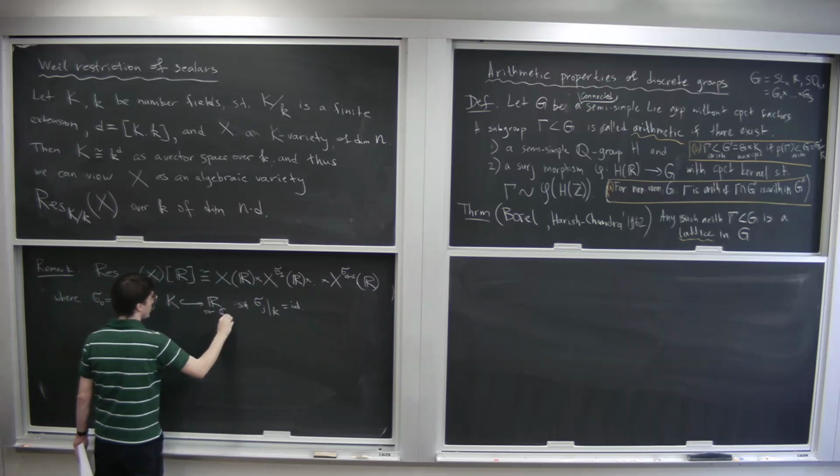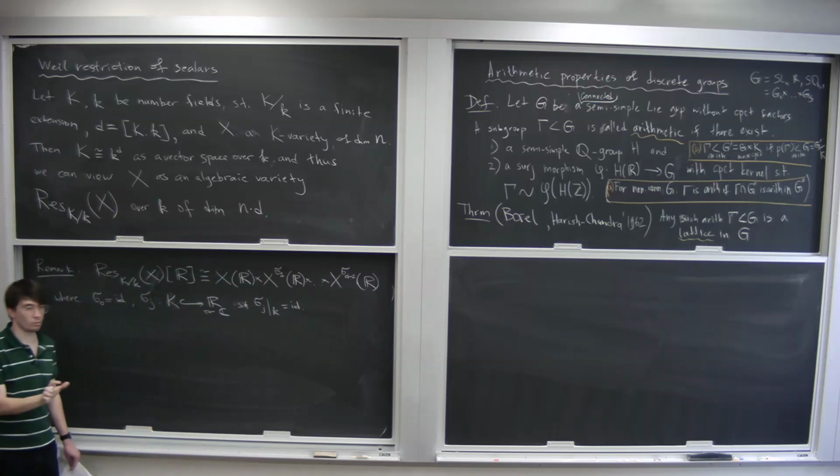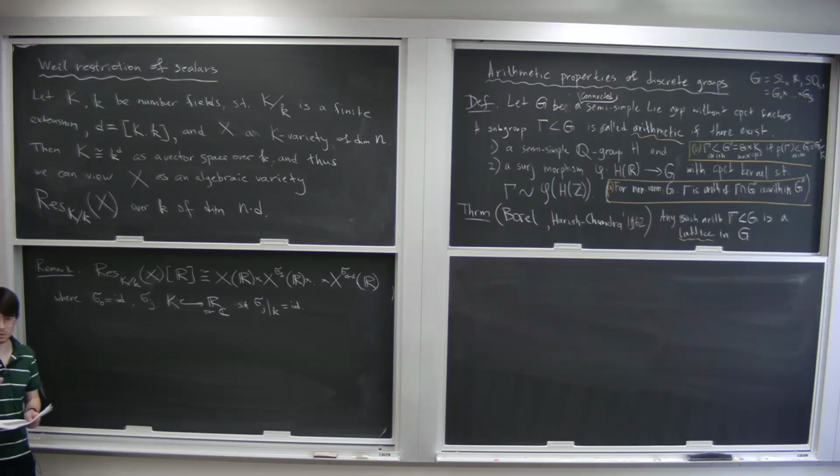I will have some bunch of real embeddings and pairs of complex conjugates. In our case, I can simply say that these are just Galois automorphisms of the field K over the field k.